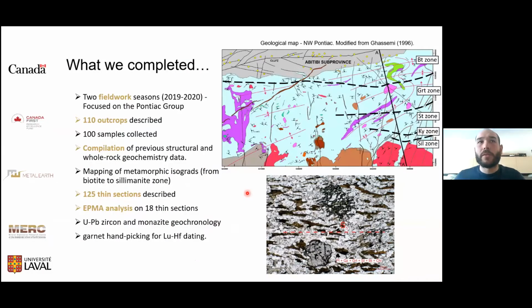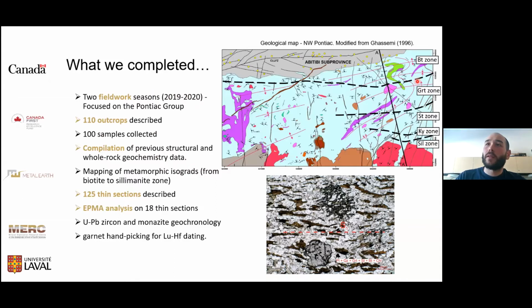So what have we completed so far? Isaac did two field work seasons. He was able to do a complete field season two years ago, and last year we were able to go to the field for a couple of days. He visited more than 100 outcrops, collected more than 100 samples, and did a compilation of every whole rock chemistry in the Pontiac subprovince, in the metasedimentary rocks.